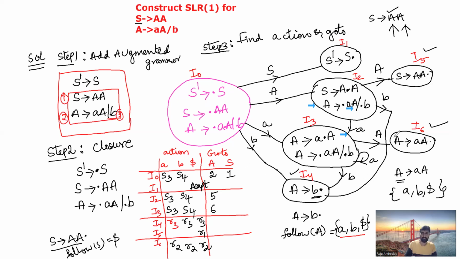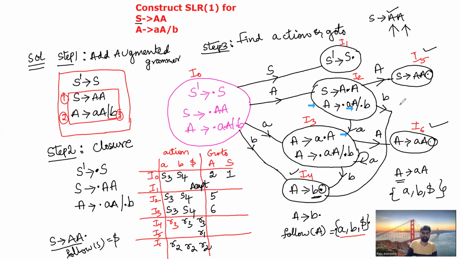If you see, the dot will appear at the end in I4, I5 and I6. This dot appears at the end only for productions 4, 5 and 6. Hence remember these 4, 5, 6 are entirely different from I0, I1, I2, I3 because we are talking about the SLR.